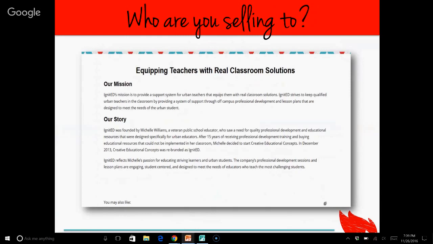All of my lessons have worksheets that go with them, but that's the last thing in the product. You have to sit down and define who you're selling to, and those teachers that you're selling to are the ones that are going to buy your product. So that's your target audience. You have to figure that out.